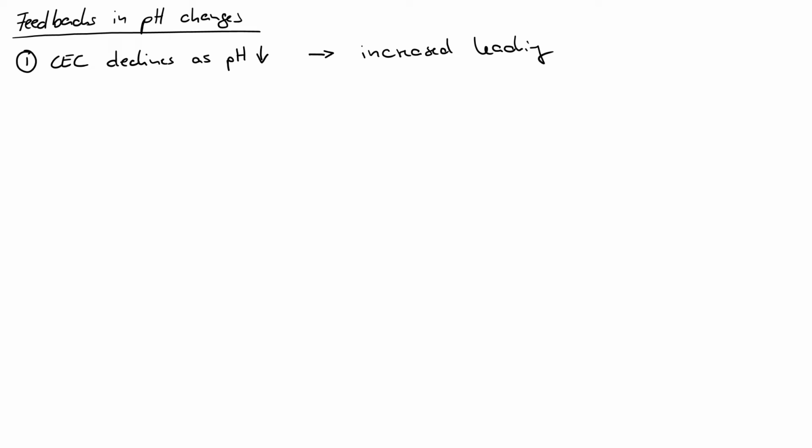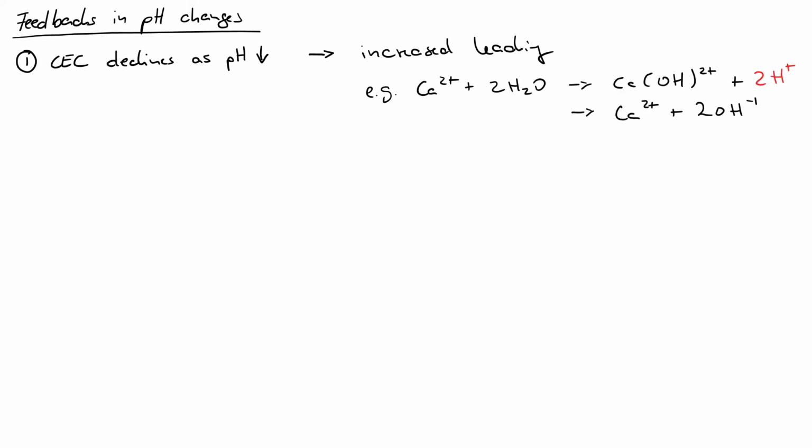More of these CEC sites are now being taken up by protons. Aluminum, calcium, magnesium, and other base cations are now in solution where they are susceptible to leaching. And for example, if we lose the calcium, we no longer have the following reaction present, which would actually take care of some of the protons in the soil. So we don't have those anymore.